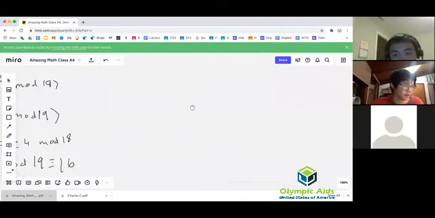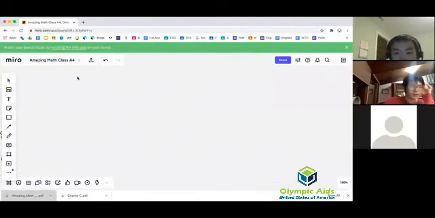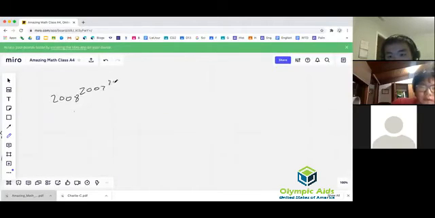So let's move on to our final example, which is you want the last 3 digits of this really weird power tower thing, which is 2008, not 2018. So you have this thing and it goes all the way to 1, right?